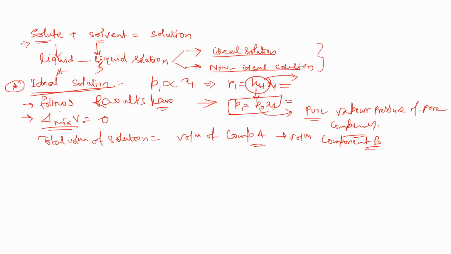Then we can say the volume of mixing is 0, and it is an ideal solution.